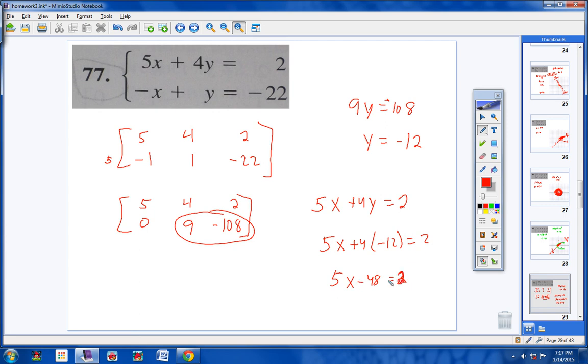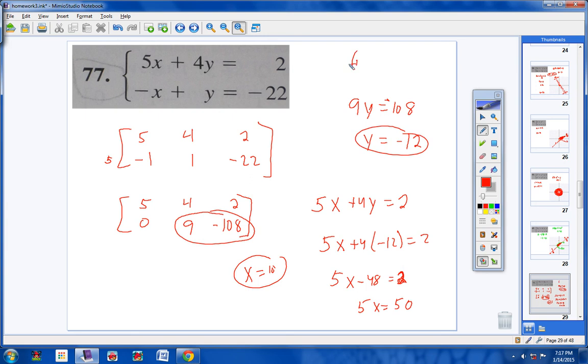Bring this over, it becomes a positive 48. So 5x equals 50. Divide both sides by 5, and x equals 10. So x equals 10, y equals negative 12.